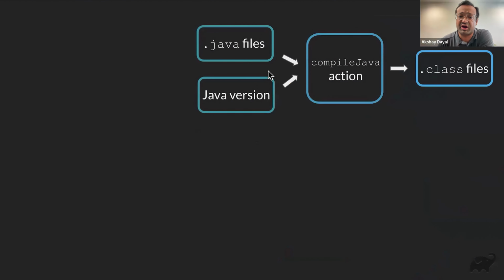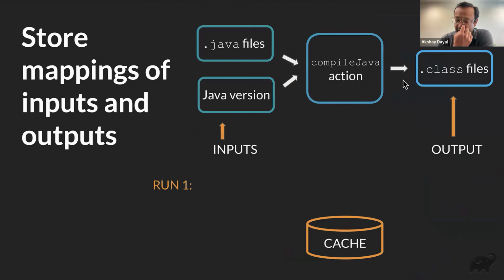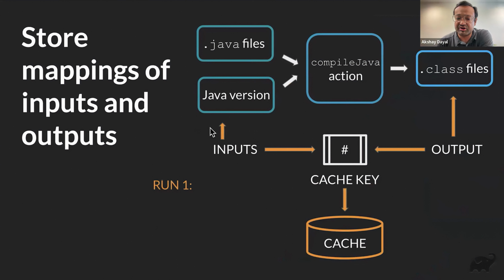So again, if we look at our scenario, you have your inputs, you run the action, you produce bytecode. What if you store mappings of inputs and outputs in a local cache? So you run the build, it does this. It'll create a cache key from the inputs. It basically looks at all the inputs for the task, creates a hash of that, and then it compresses the outputs and stores this in the cache.